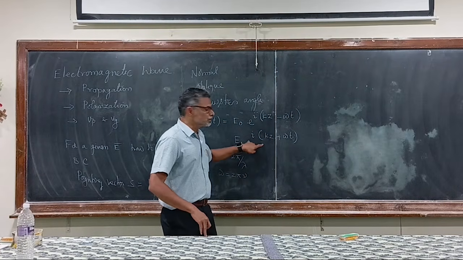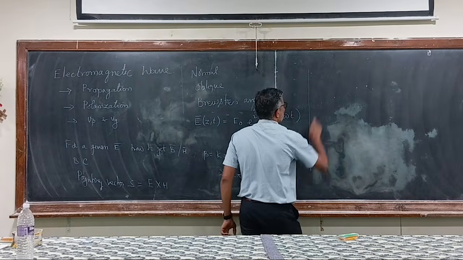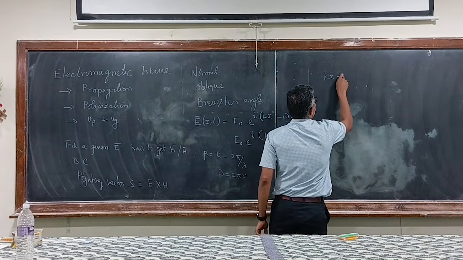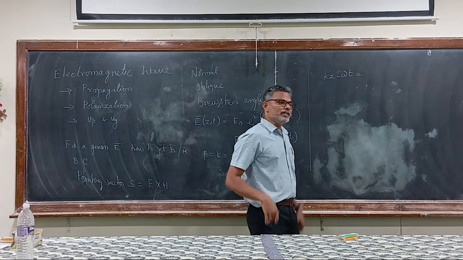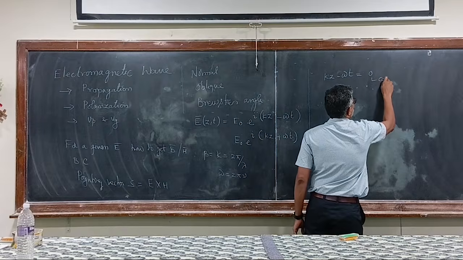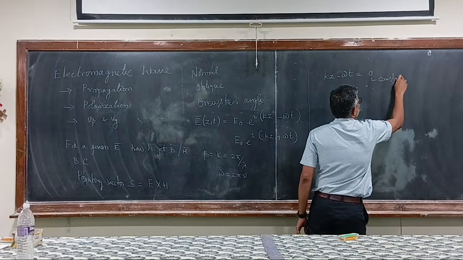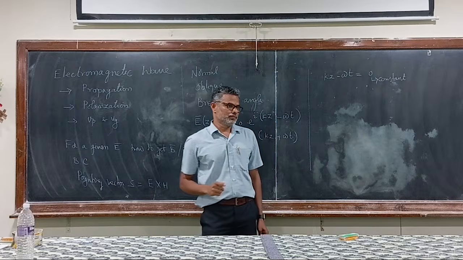And the fundamental difference between these is this. Let's consider the first one. Now kz minus omega t is a constant, let's say. And I'm very lazy, so I will take this constant as 0. Let's take some constant value and assume that as z.